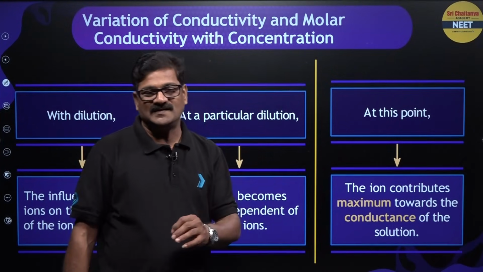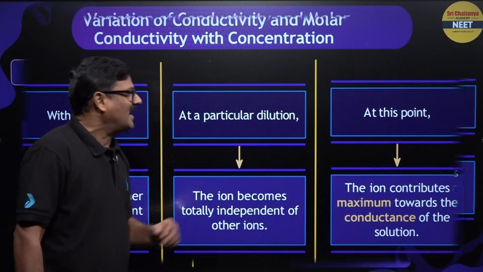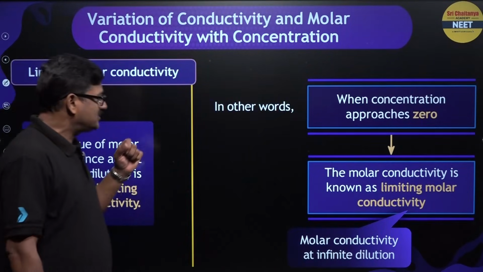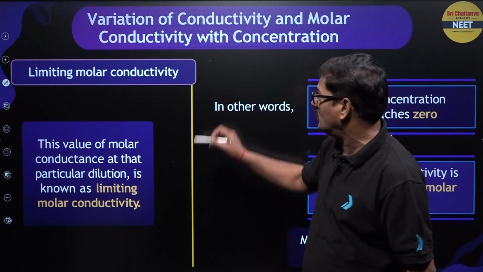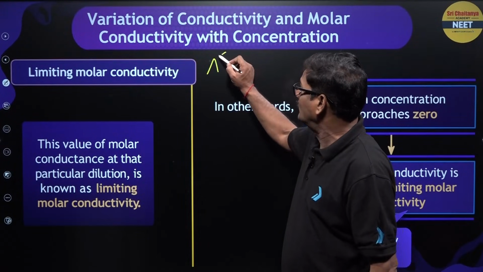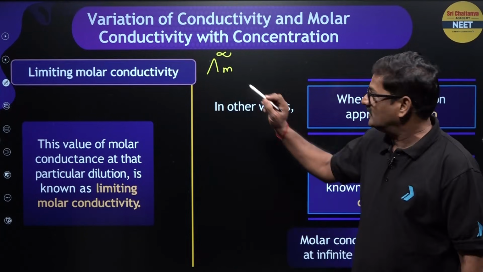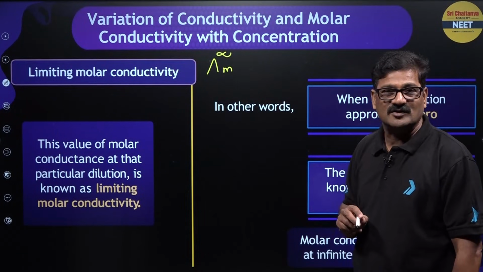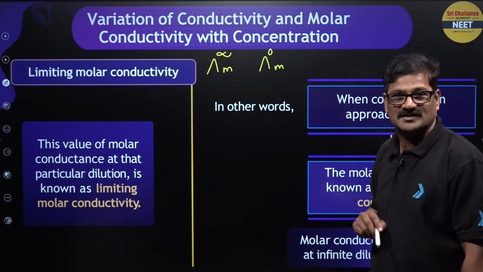So every point is explained on the granular level and you can do it. Limiting molar conductivity means conductivity जब molarity 0 होगा ना, you can say limiting molar conductivity, or conductivity at 0 concentration or infinite dilution.